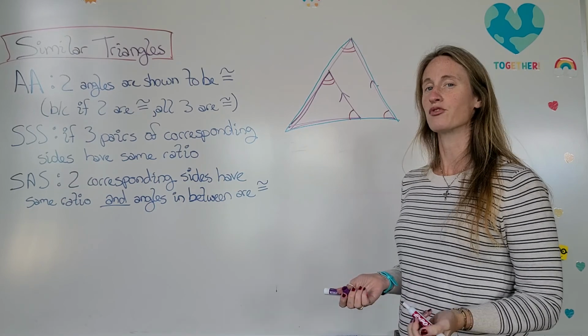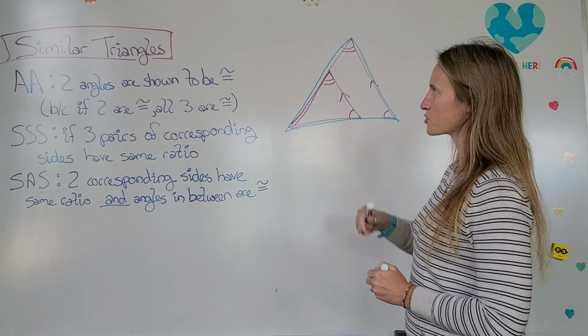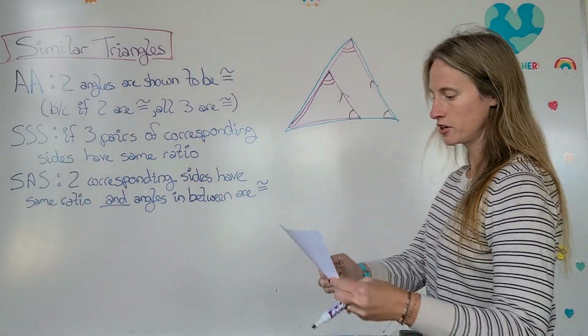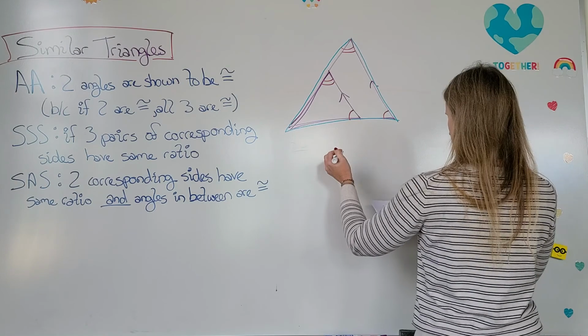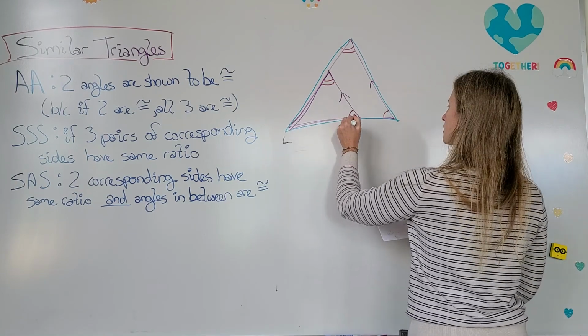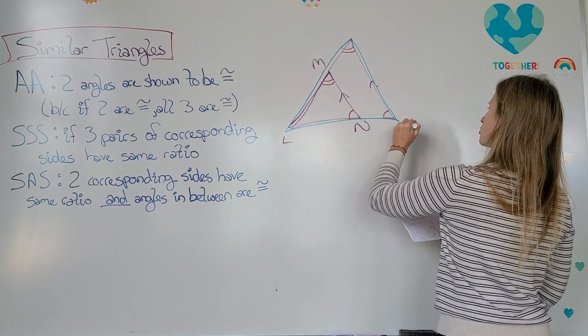So that's our reflexive property there. So I know that these are similar triangles, and then let's see what we know about this one. Let's name this L, M, N, Q, P.